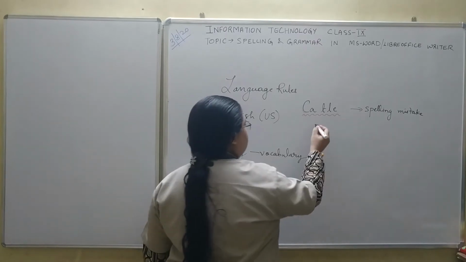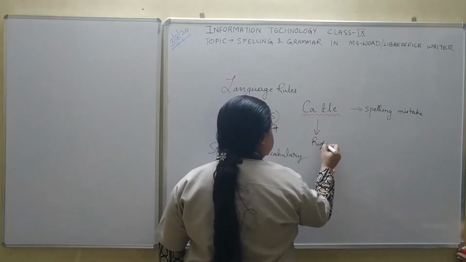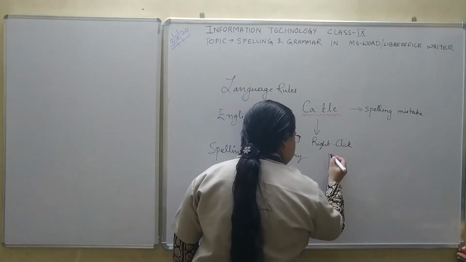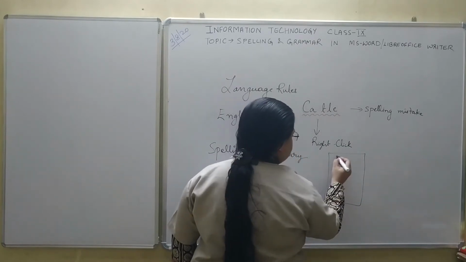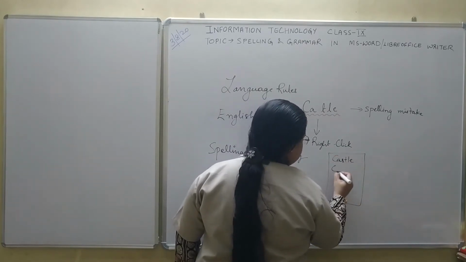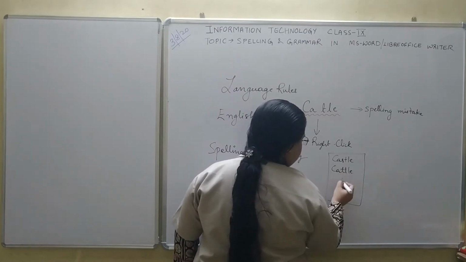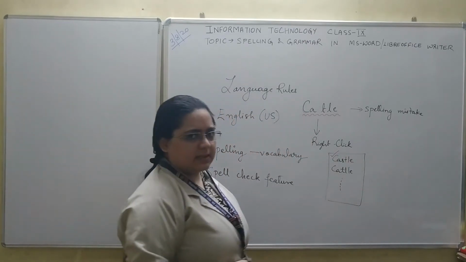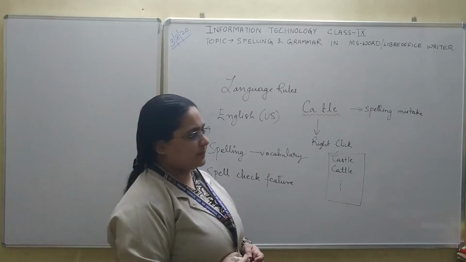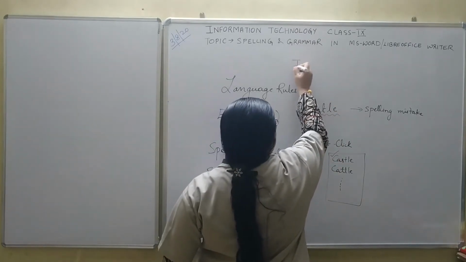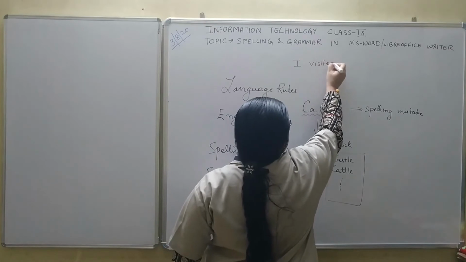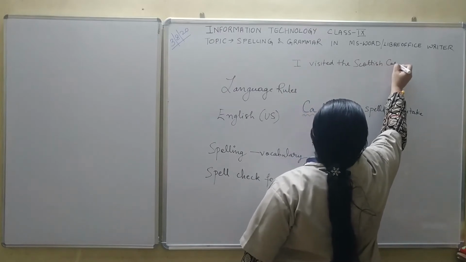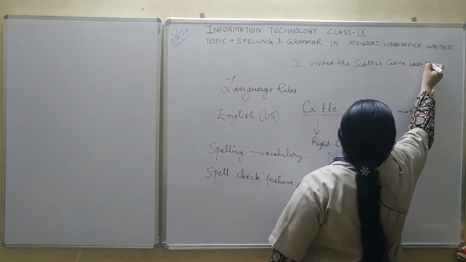So what you can do is simply right click on this word, and you will get a small pop-up menu which will contain some recommendations like castle, cattle, and various other such words. The one which best suits the context is the one to choose. For example, suppose the statement is, I visited the Scottish castle last Thursday.